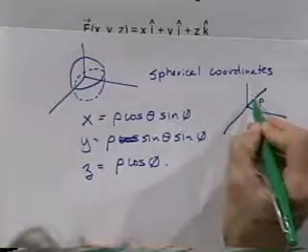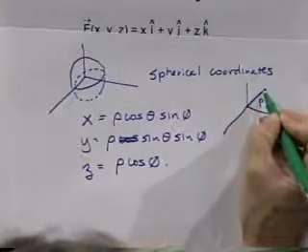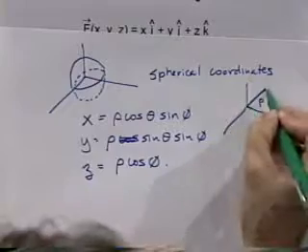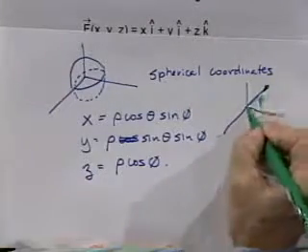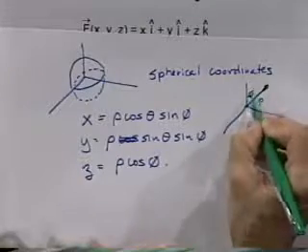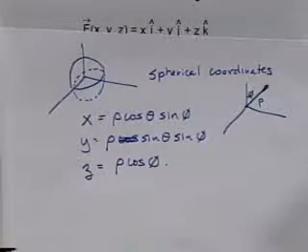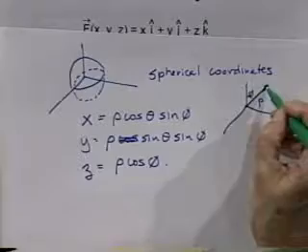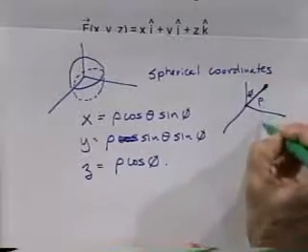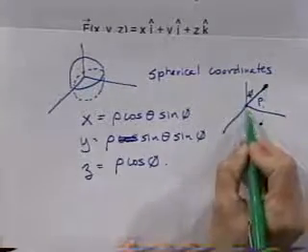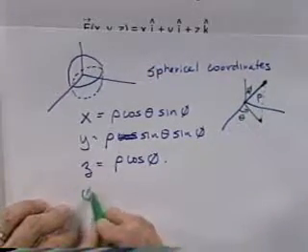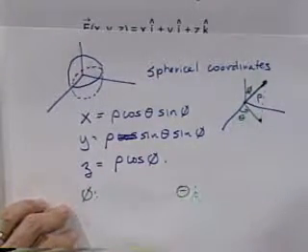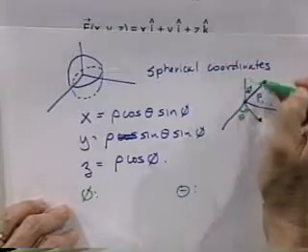Phi is the angle: think of it as your little radius going from the point to the origin, and the angle that this makes with the positive z-axis is called phi. If you drop this down into the xy plane, theta is the angle that you're making with the positive x-axis. So what do phi and theta range from? Well, you might remember phi goes from 0 to pi.